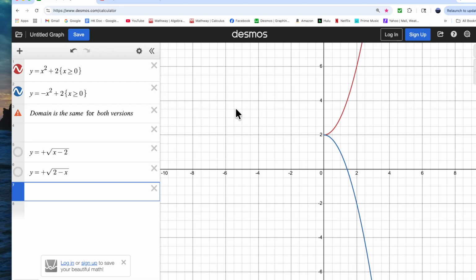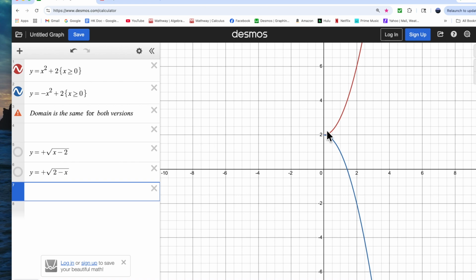Folks, here's the reason why choosing an a value in front of the x squared term of being negative does not change the choice of the inverse function. Here we have x squared plus 2 where x is restricted to where x is positive only.